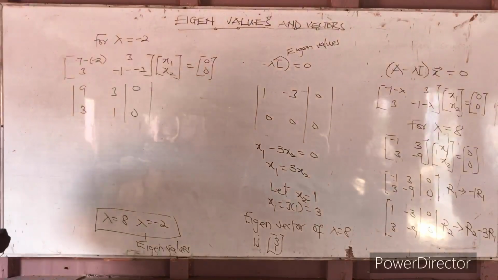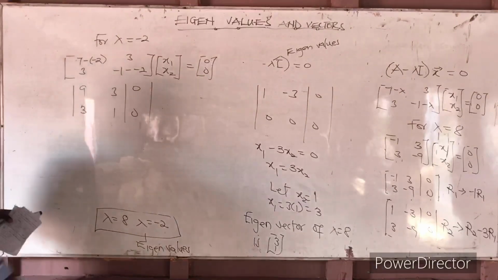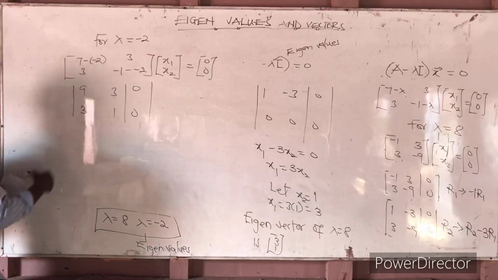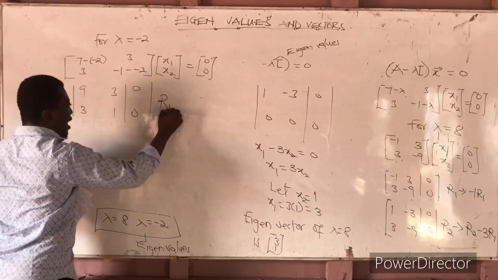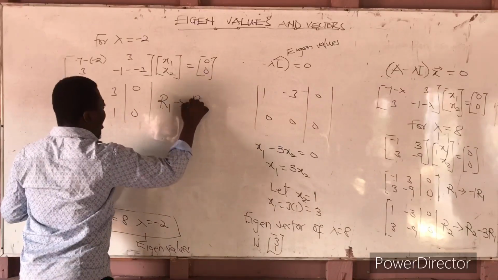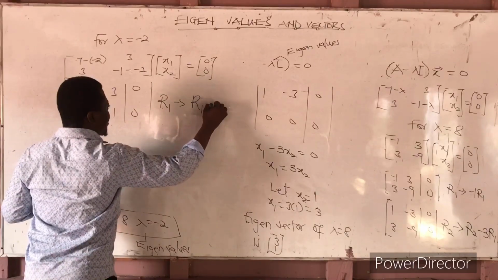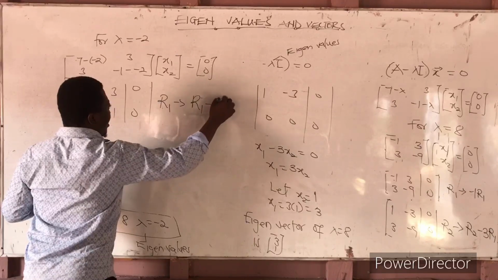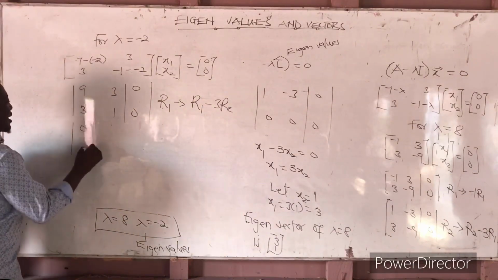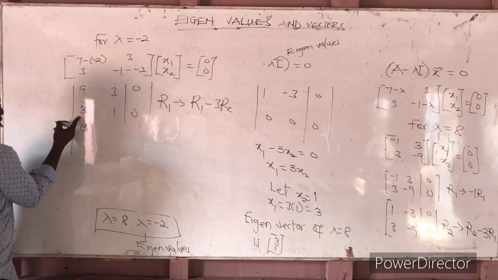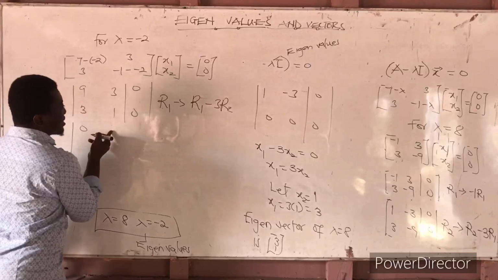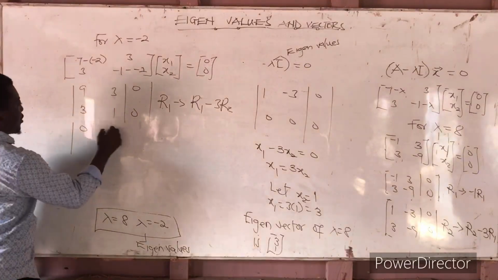In this case, you can take any of the rows to be 0. So your new R1 can be equal to R1 minus 3 R2. If you do that, you are going to get 0, because 3 times 3 is 9, and 9 minus 9 is 0. 3 times 1 is 3, and 3 minus 3 is 0.